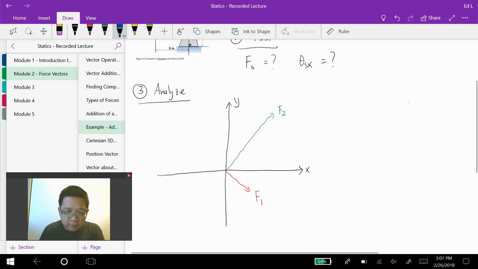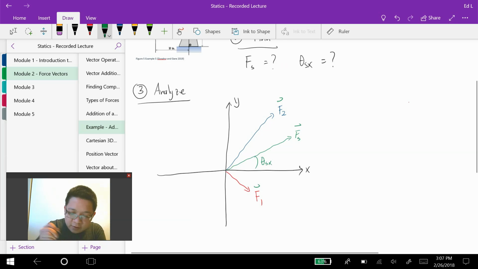And if you remember, the resultant vector that we obtained is going in this direction, in which this angle right here is what we call theta Fs x.